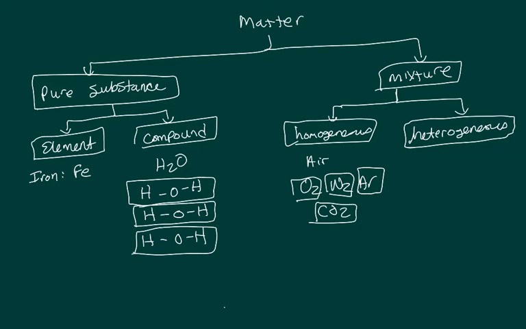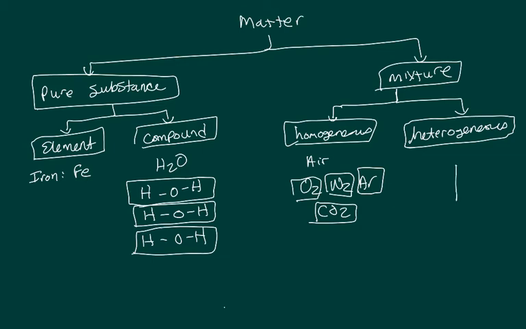It's uniform throughout, which means if I take one breath of air, I'm consistently going to be getting the same ratio of oxygen to nitrogen to argon to carbon dioxide in each breath that I take, practically anywhere in the building that I'm sitting in. But a heterogeneous mixture is not going to be uniform throughout.